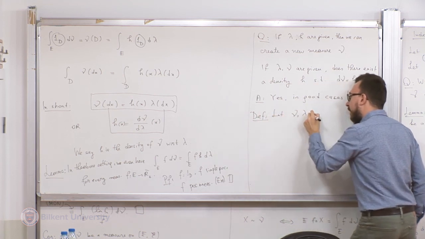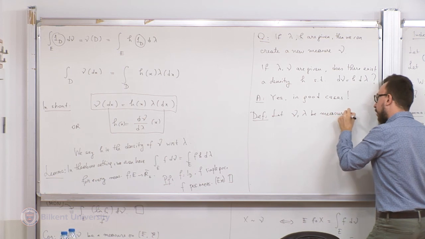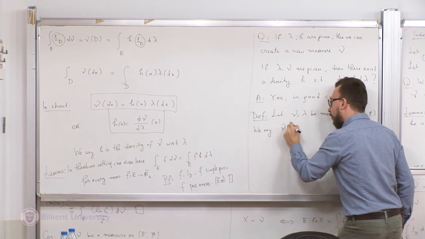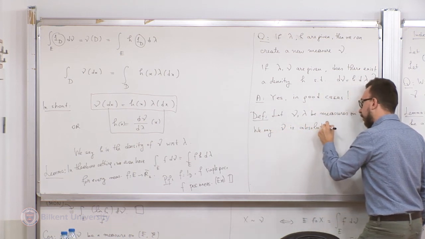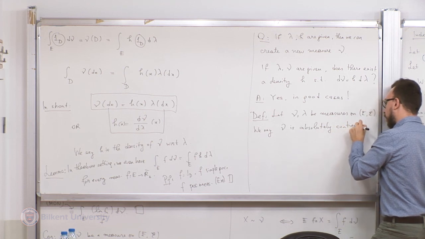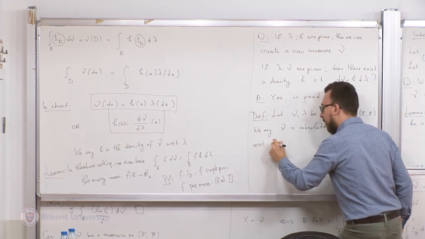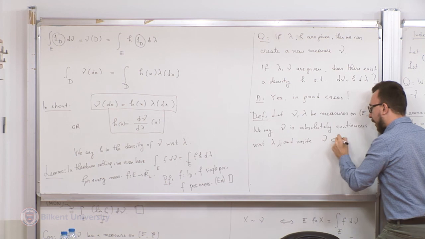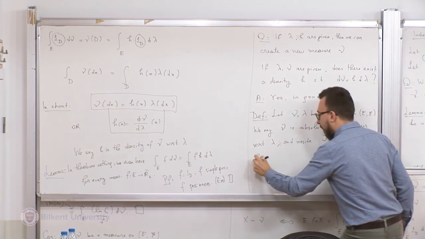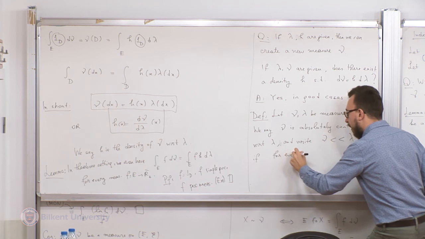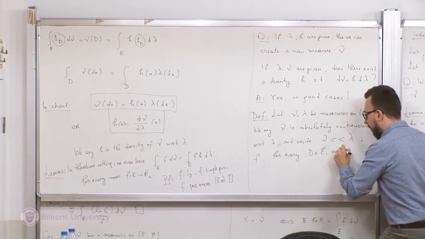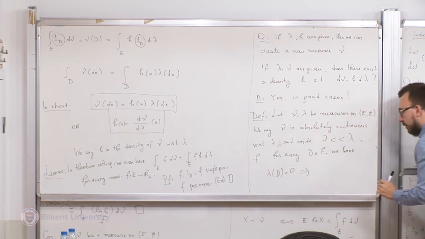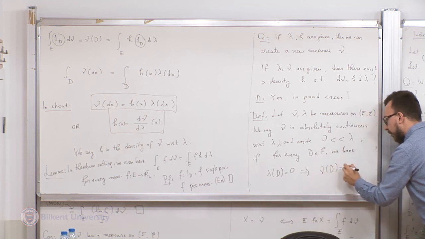Let nu and lambda be measures on E. We say nu is absolutely continuous with respect to lambda, and write nu absolutely continuous with respect to lambda, if for every set D we have lambda of D equals 0 implies nu of D equals 0.